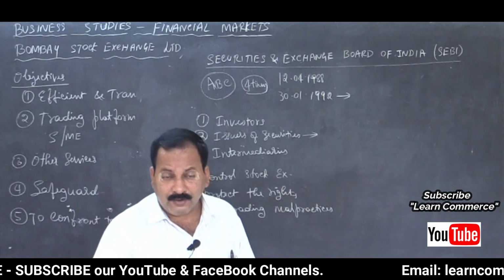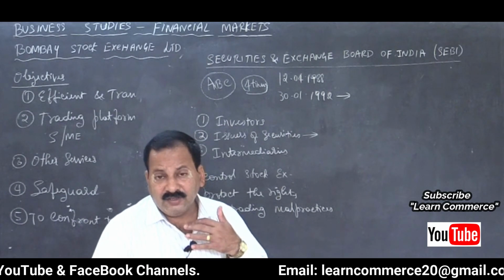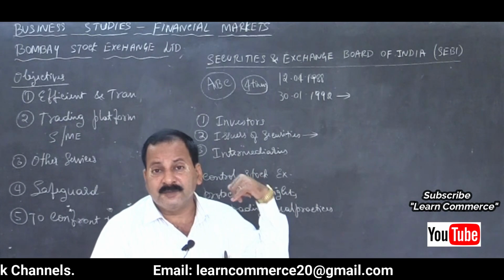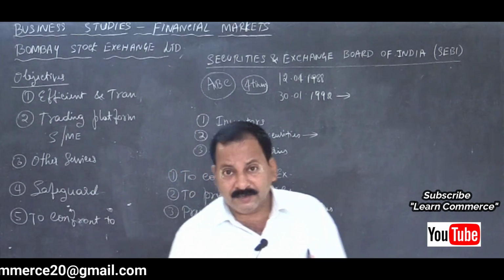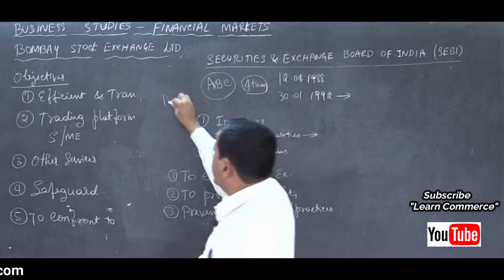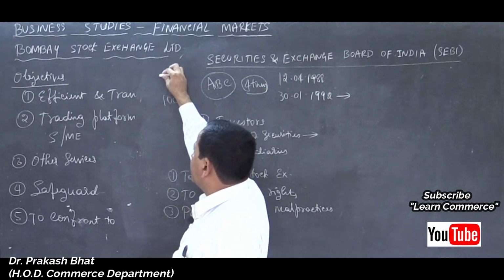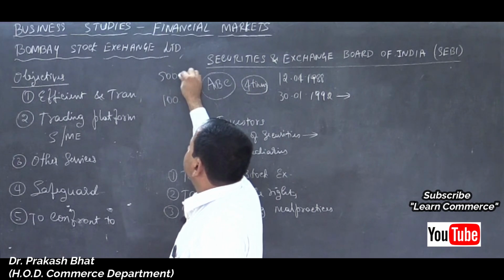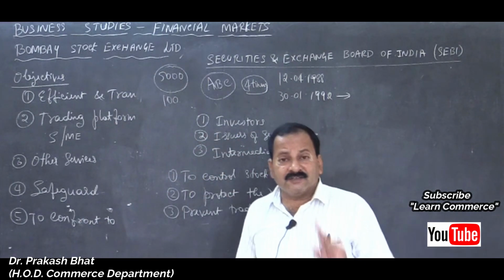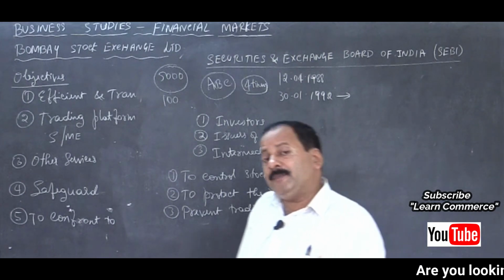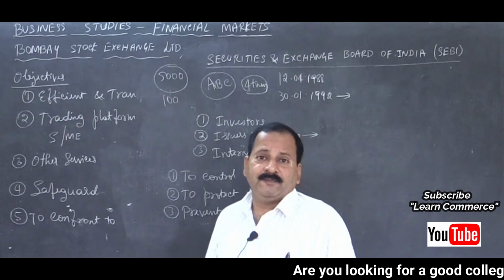There is an artificial shortage of shares in the market, and everyone will start buying, and this person will sell and make money. Suppose he has bought at maybe 100 rupees per share. Now the share price has increased to maybe 5,000. This person will sell at 5,000 and book a profit of 4,900 rupees per share. You just imagine how much money he can make.